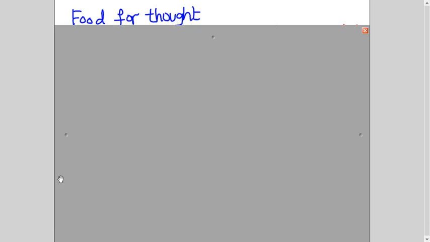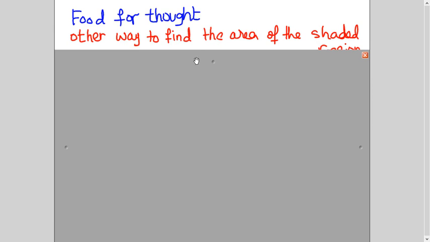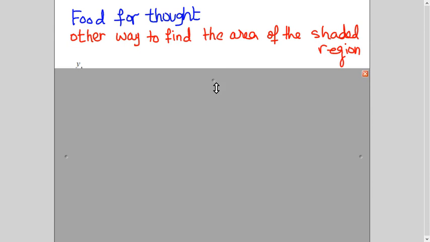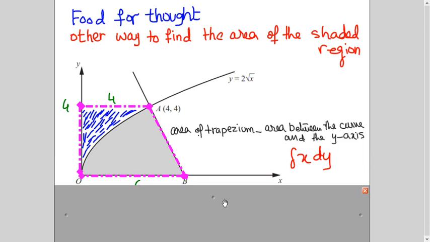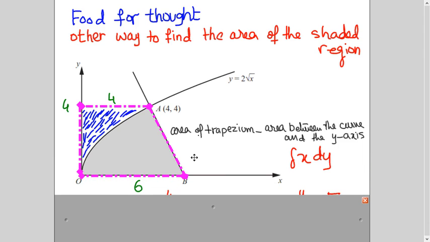So before I finish this video, there is a food for thought. You know, some people think differently. So what is the other way of finding the shaded region area? You know, the other way is that if you look at this diagram and make a trapezium here with this purple line, I can also do area of a trapezium minus area between the curve and the y-axis.